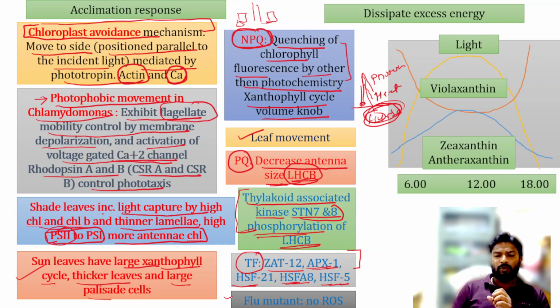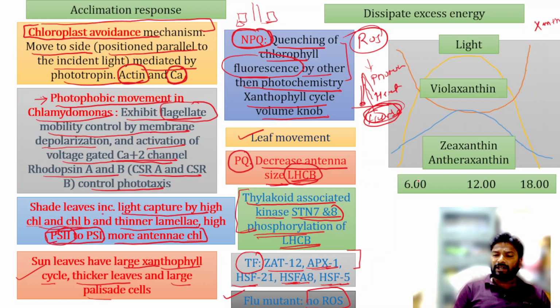Also, development of fluorescence mutants shows that there is no ROS production. So we can say that this fluorescence is responsible for the production of reactive oxygen species in the plant during the photochemistry process.